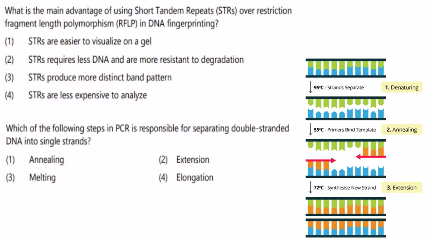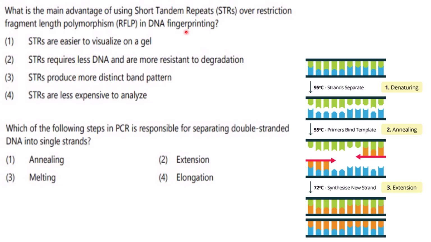Then the next one: what is the main advantage of short tandem repeats over restriction fragment length polymorphism in DNA fingerprinting? So DNA fingerprinting is a laboratory technique used to identify individuals based on the unique pattern of their DNA. Okay, it is used in forensic studies.